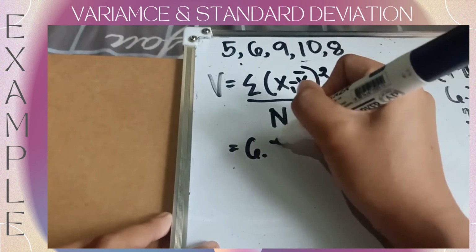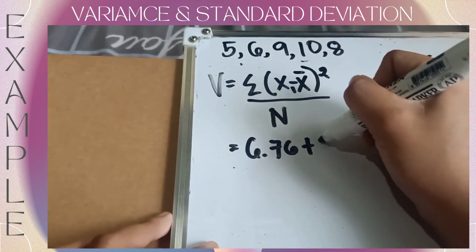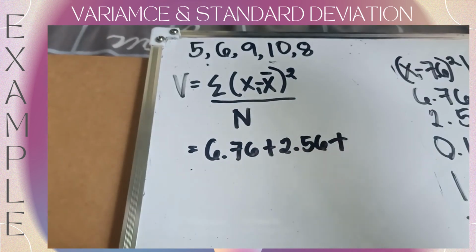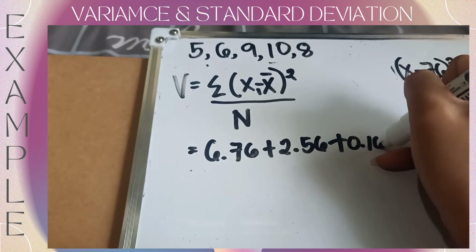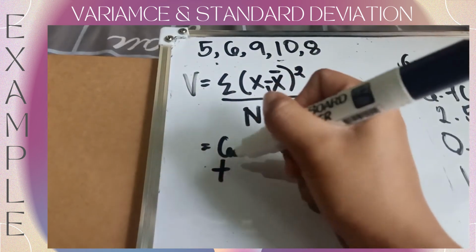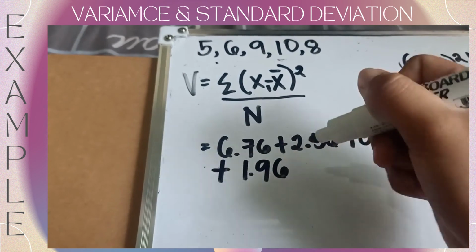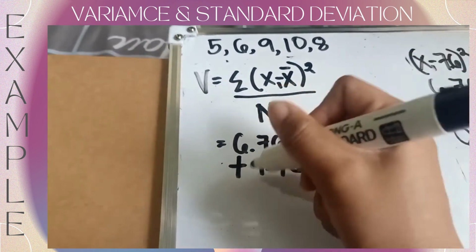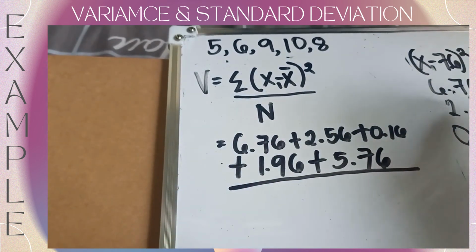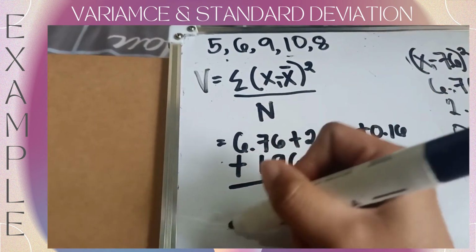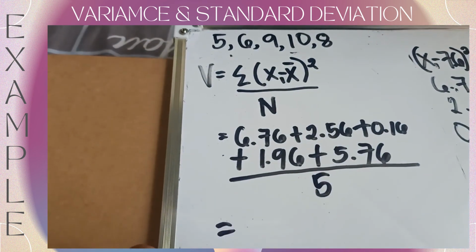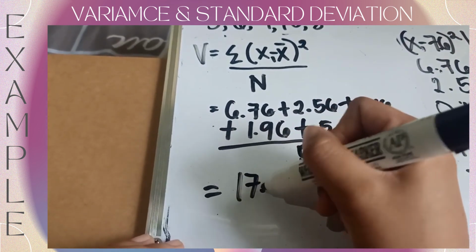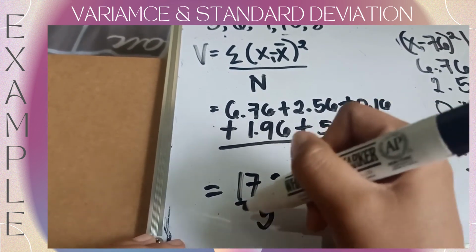So, 6.76 plus 2.56 plus 0.16 plus 1.96 plus 5.76 divided by 1, 2, 3, 4, 5 is equal to, okay, so the sum of this is 17.2 divided by 5.